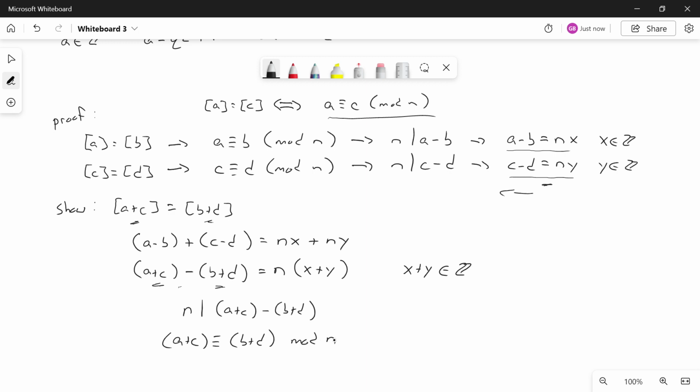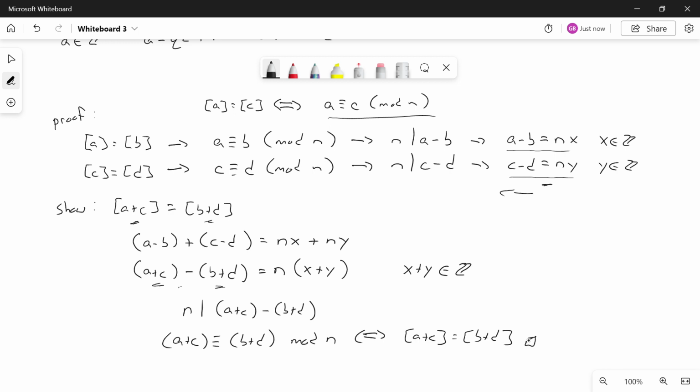Which again, based upon our last video with the if and only if statement, this means that the congruence class of A plus C is equal to the congruence class of B plus D. So that's our first part.